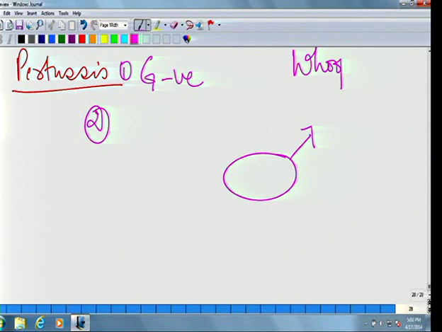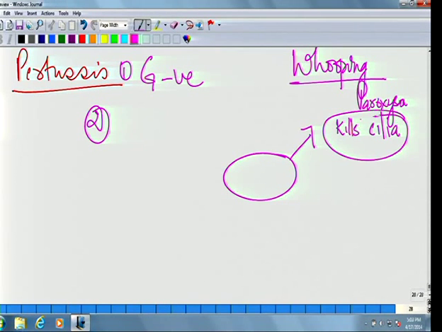The characteristic whooping, paroxysmal coughing. So why the paroxysmal coughing? Common sense, it kills the cilia. The cilia is completely destroyed.